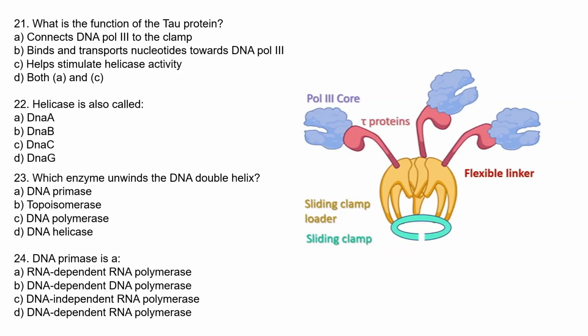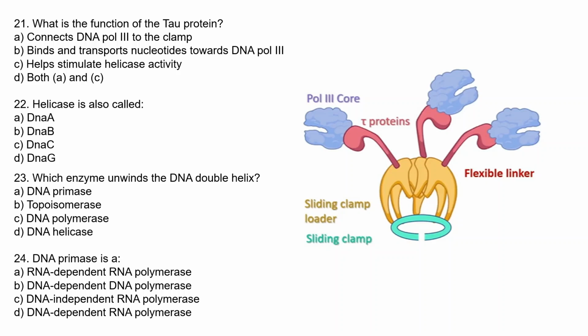DNA primase can synthesize a primer from scratch. From scratch in the sense that it needs a template, but it does not need any kind of primer of its own. So on a template strand in a specified region, the DNA primase can sit and create a short RNA primer.